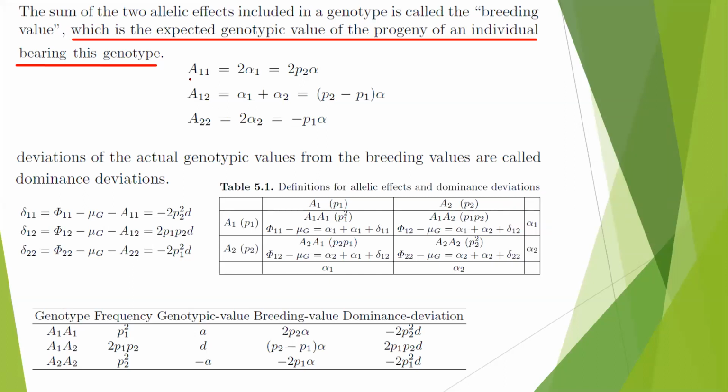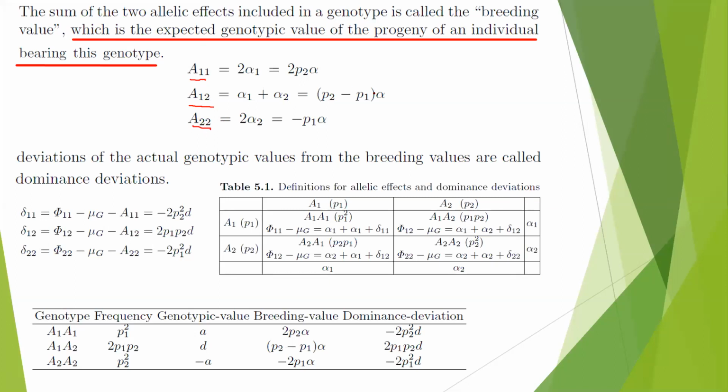Okay, so the same. Here we can calculate the breeding values for three genotypes. Here A12 means the breeding value for the genotype of A1A2. And A22 means the breeding value for the genotype of A2A2. Is that clear? So this is how we define the breeding value.